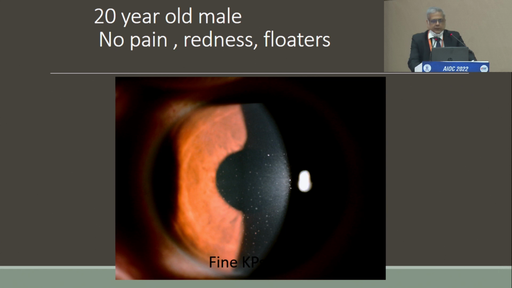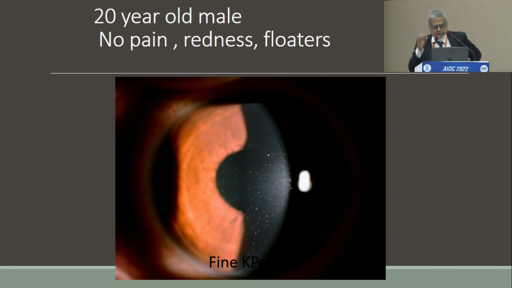This is a 20-year-old man with no pain, no redness, no floaters, and fine keratic precipitates all over the posterior surface of the cornea. How many of you will investigate, and what investigations will you do? You are sitting in your clinic, you see this 20-year-old man, and you have this picture.